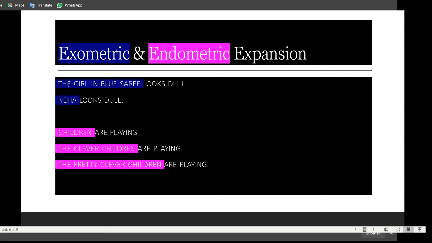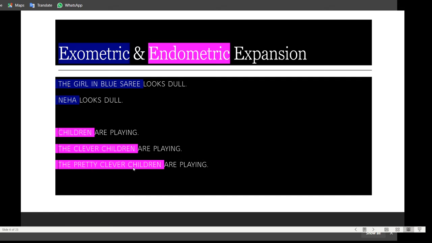Whereas if we take a sentence like, children are playing, then another sentence, the beautiful children are playing, then again, the clever, smart, beautiful children are playing. In all these sentences, there is one common head word, that is children. That head word is not replaced, but only additions are made.